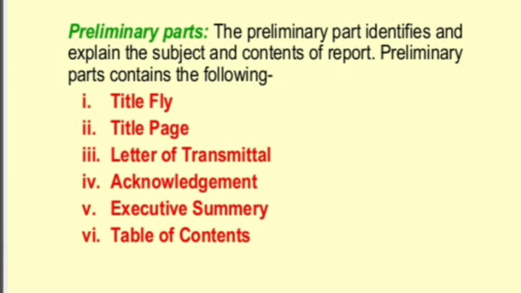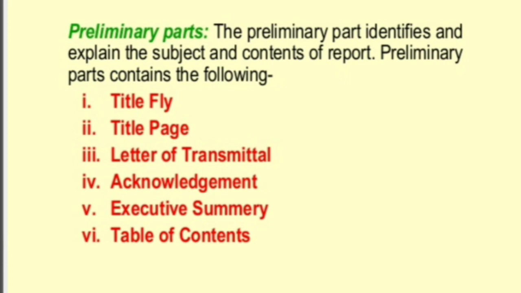Title is meant for what concept you are giving a solution to, and the title page clearly explains who you are, for what you are doing that research report, and the letter explains which concerned authority is accepting that particular research. Acknowledgement is a document for saying thanks and regards to the people who helped you to do that research.